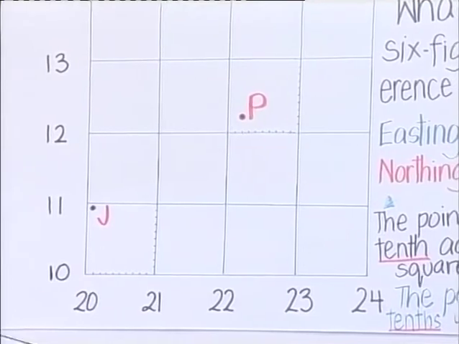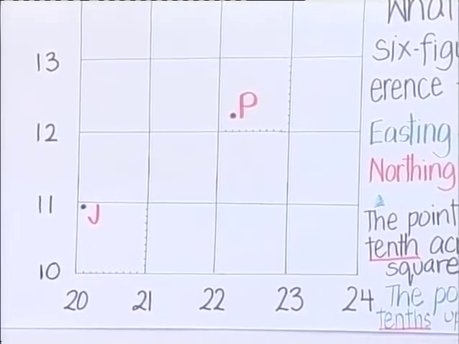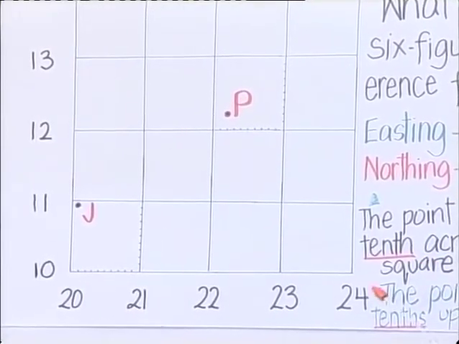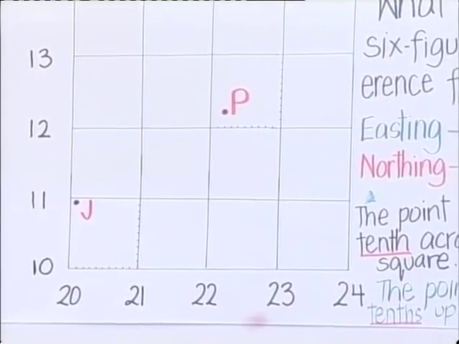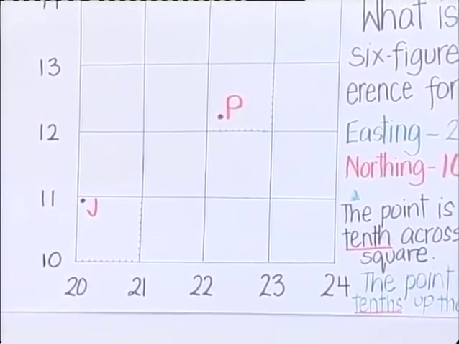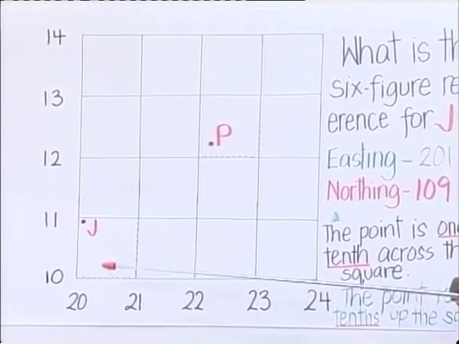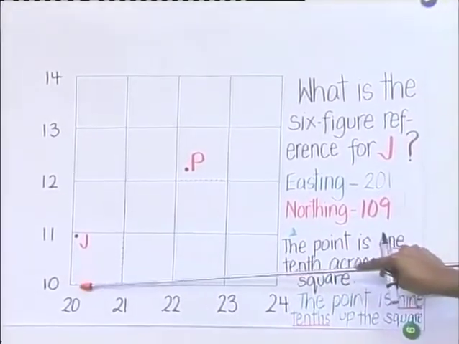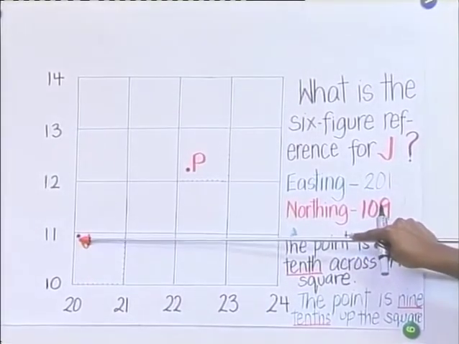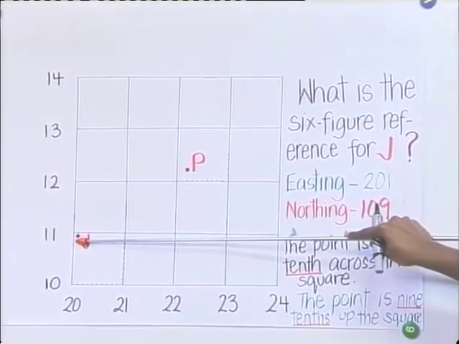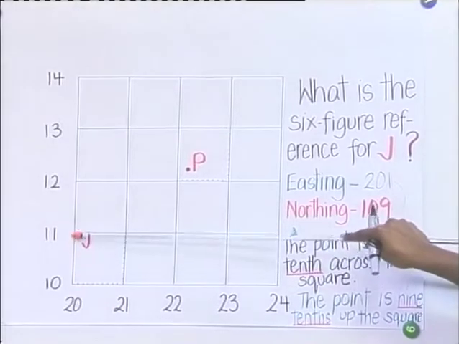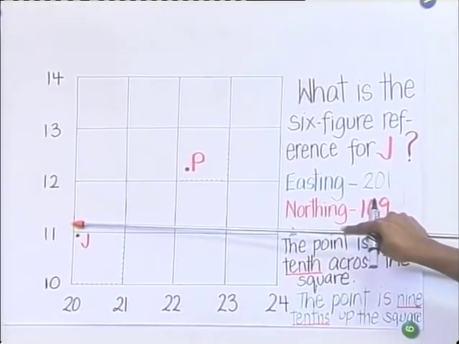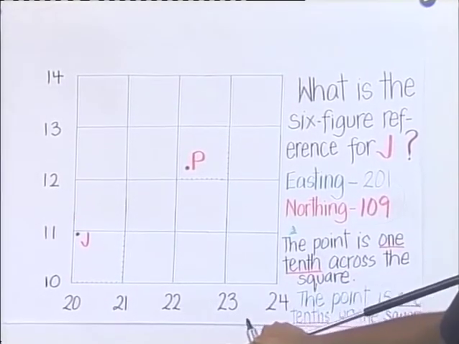So instead of writing 1 over 10, we write 201, 20 and 1. Same for the northing. Why do we have 109? We have the northing here, it's 9/10 up the square. So we have 10, 9 or 109.